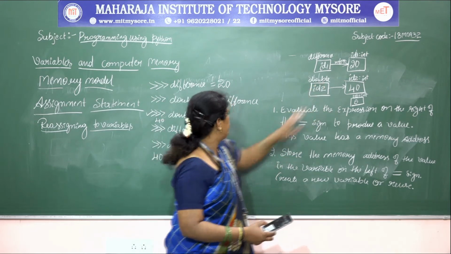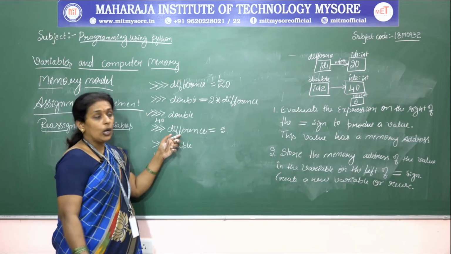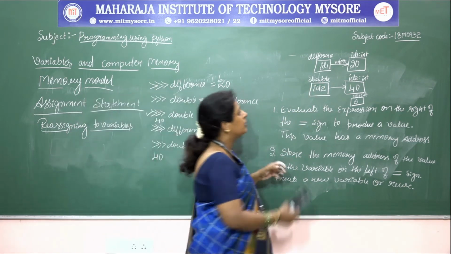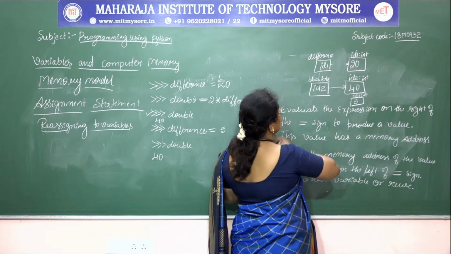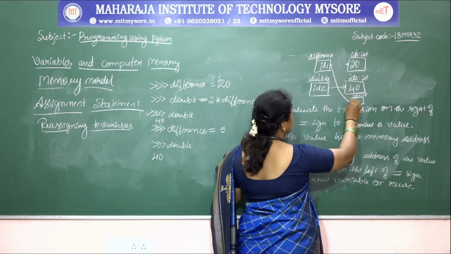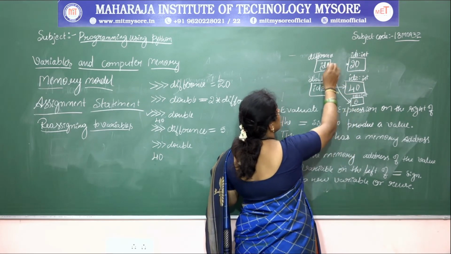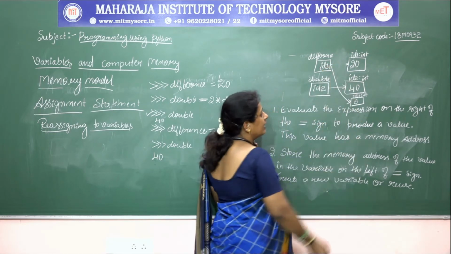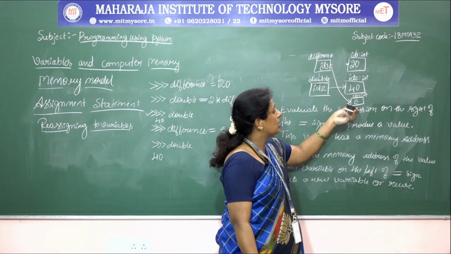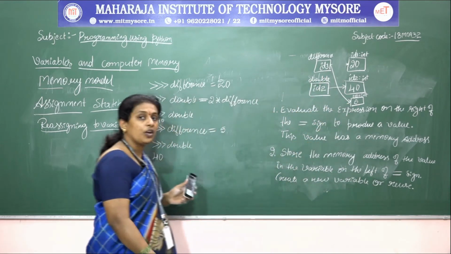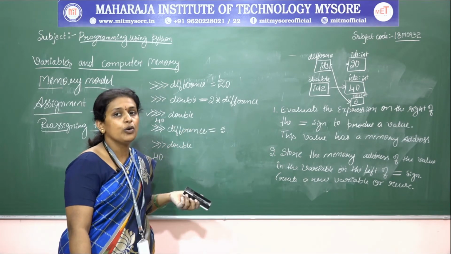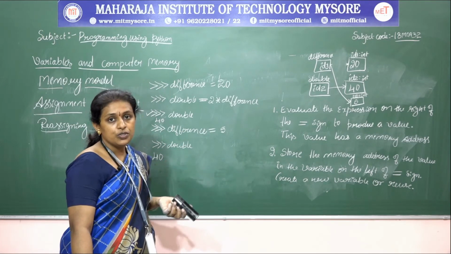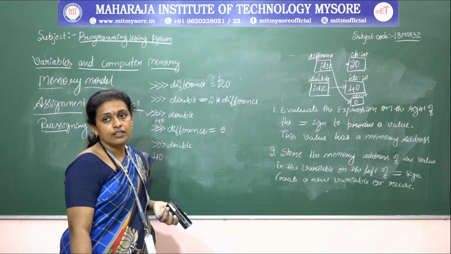So the difference variable is already created, I just need to replace this reference with the new reference. So this will become ID3 and it refers to this memory location. This is how we write a memory model for the values in Python.